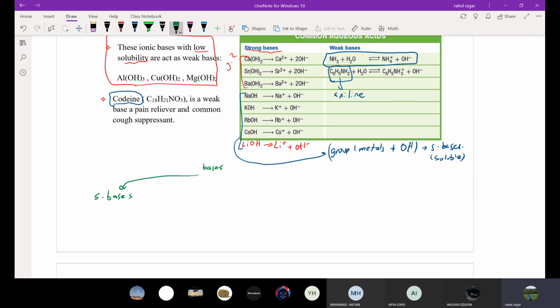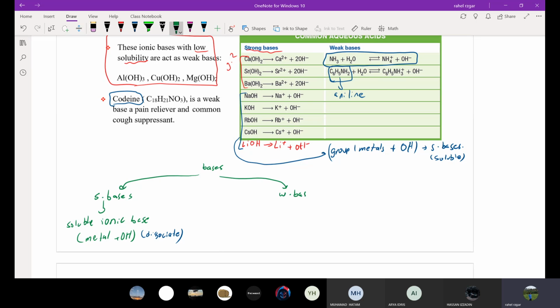The strong bases are soluble ionic bases, which is a metal with OH, and they dissociate.